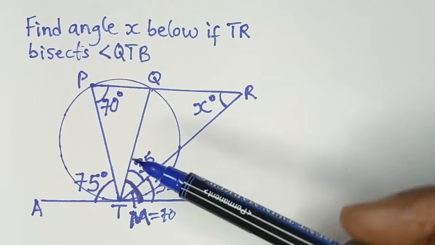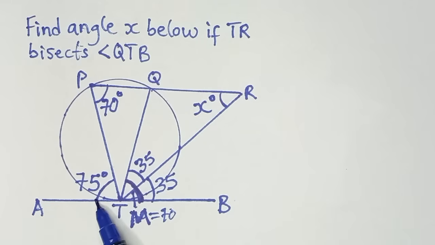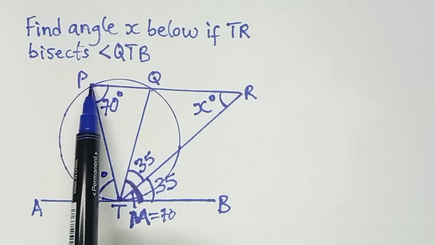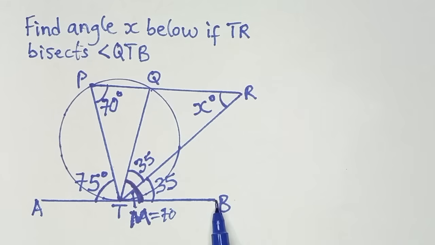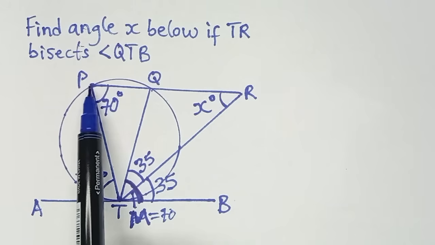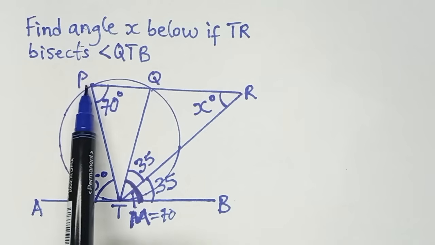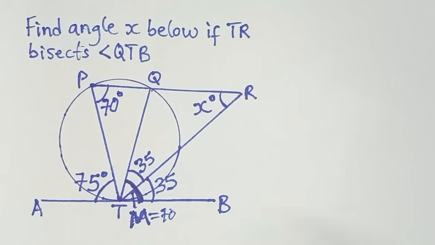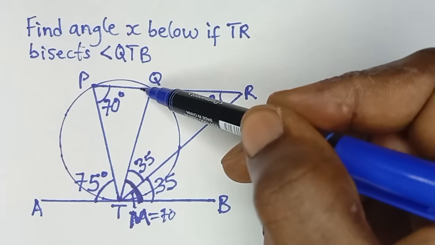So the next thing we have to look at now is the fact that this 75 is an angle that this chord PT makes with the tangent. Hope you are seeing that. The same rule that we apply on this side. This chord PT is making 75 degree with this tangent. In the same way, this chord PT will also make this same 75 degree in the opposite angle.